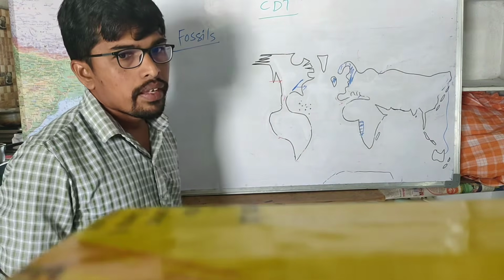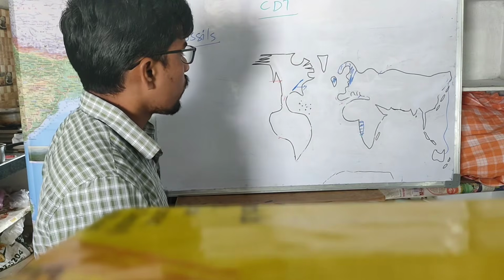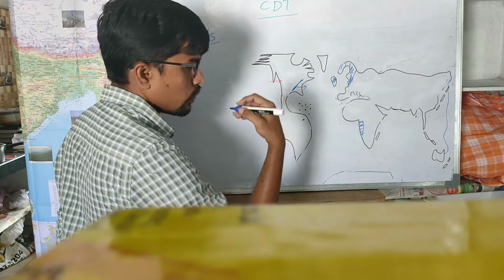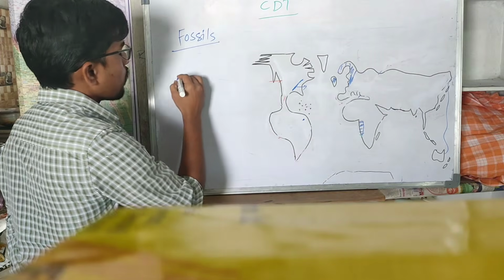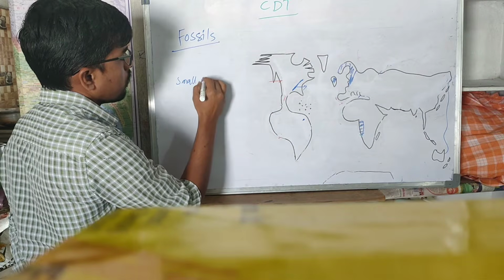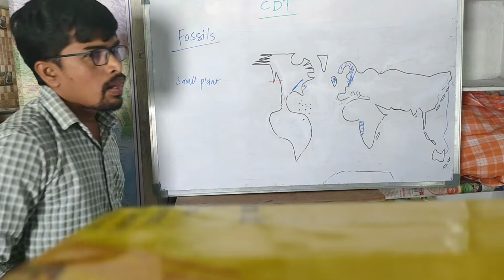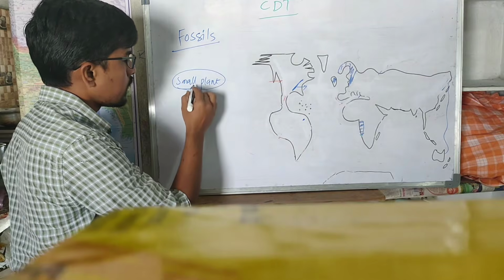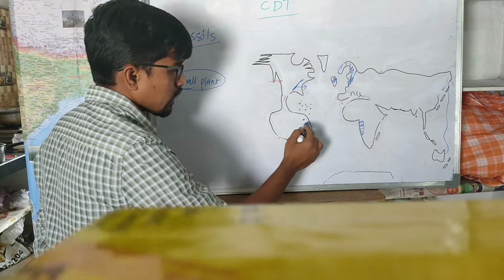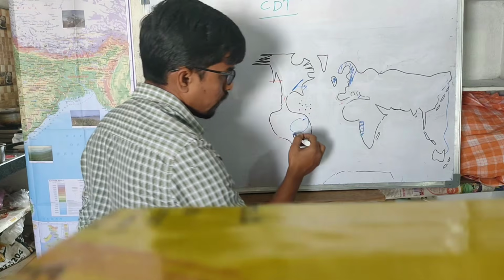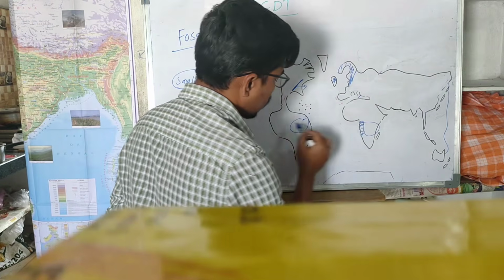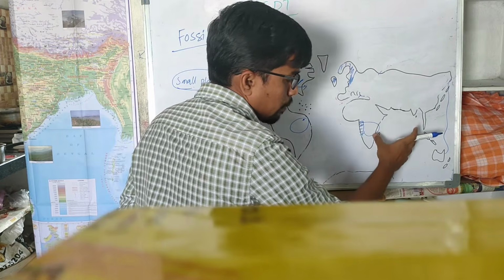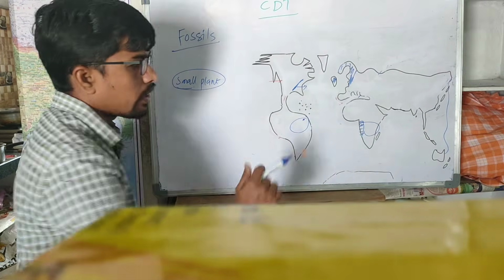Especially in the fossils, we are finding that there was a small plant in South America. Those evidences are collected in the African region, in the South American region, in the Peninsular Indian region, Australia, and the Antarctica region.